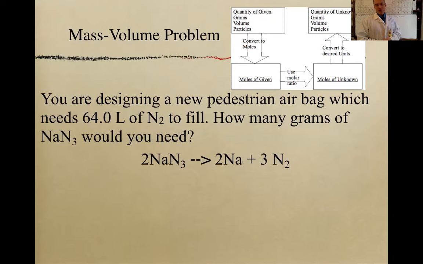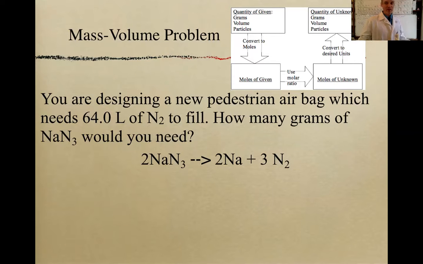This is the actual chemical that they use in airbags, NaN3. Sodium azide is the commercial name. We would call it sodium nitrate if we were calling it by its chemical name, not its industrial name. So we need to figure out how many grams we need to put in there, so that if you hit someone, the airbag will fill to the correct volume.